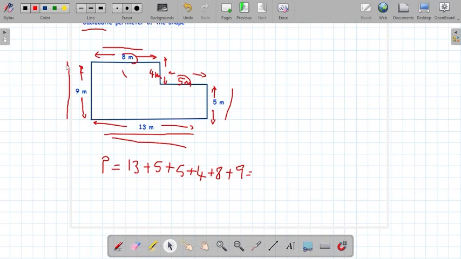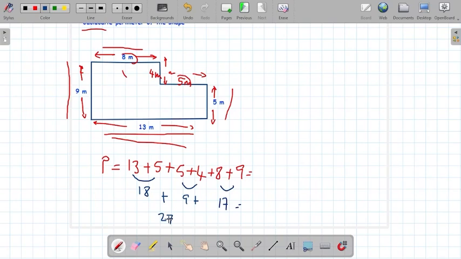As I said, in mathematics, I try to make things easy for you by doing this, and you try to make them as pairs. So this and this are equal to 18, this and this equal to 9, this and this equal to 17. To make it easy for you, you take them into pairs, and then you can do the calculation step by step. So 9 plus 18 plus 9, it will be equal to 27.